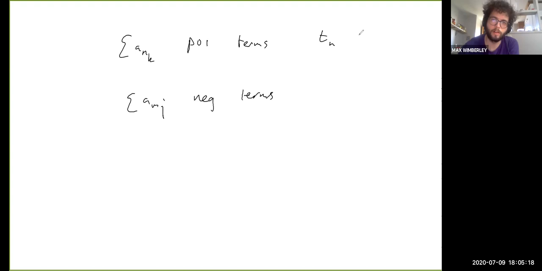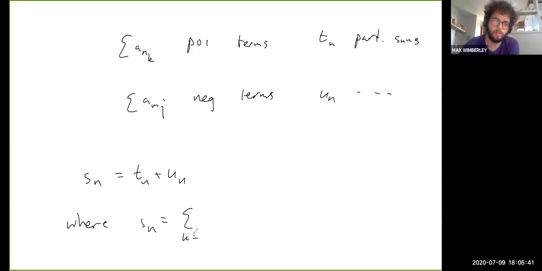I've seen people do a lot of stuff with this where, if you take the sum of positive terms and the negative terms, and let's say T_n are the partial sums here and U_n are the partial sums here, they would say something like S_n is T_n plus U_n, where S_n is the partial sum of the overall thing, right?